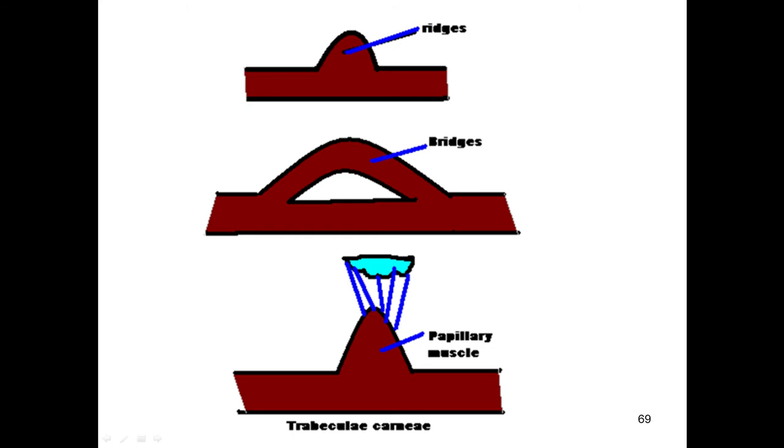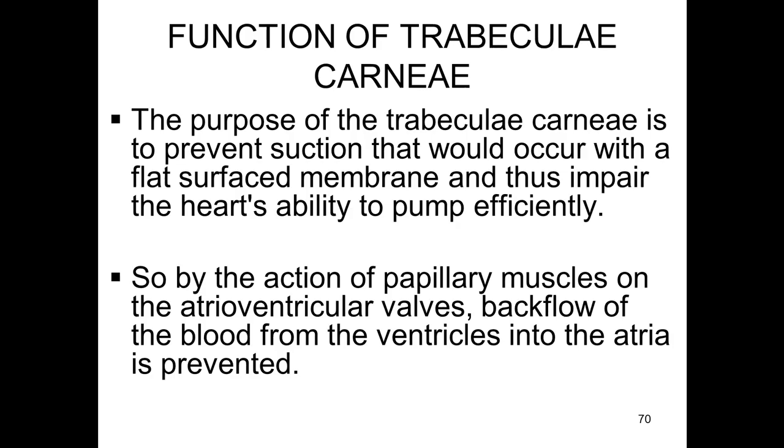Now what is the function of the trabeculae carneae? The main function is to prevent the suction that would occur if the surface is flat. When the blood flows from the atrium to the ventricle, if the surface is flat, then suction can occur.